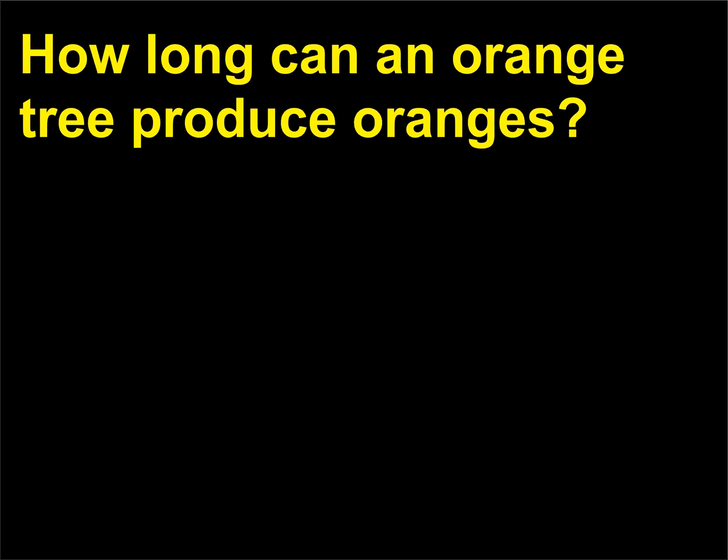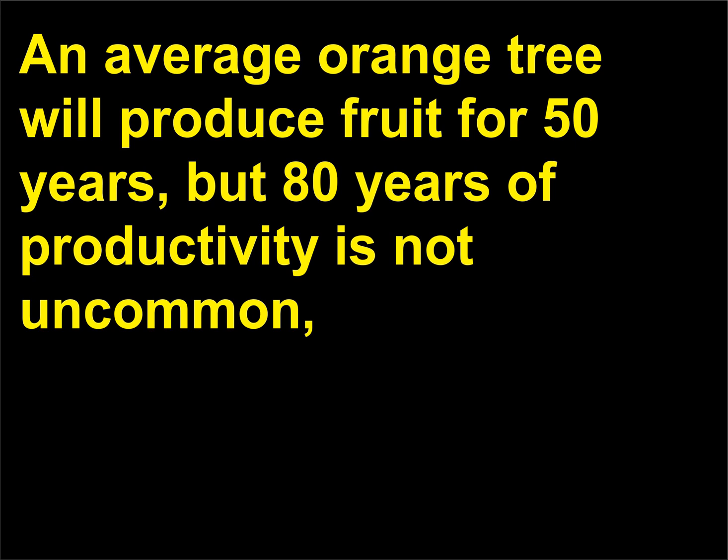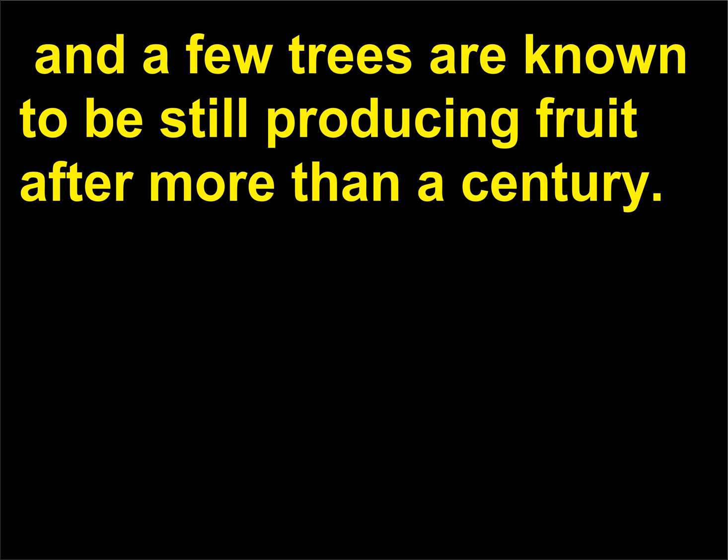How long can an orange tree produce oranges? An average orange tree will produce fruit for 50 years, but 80 years of productivity is not uncommon. And a few trees are known to be still producing fruit after more than a century.